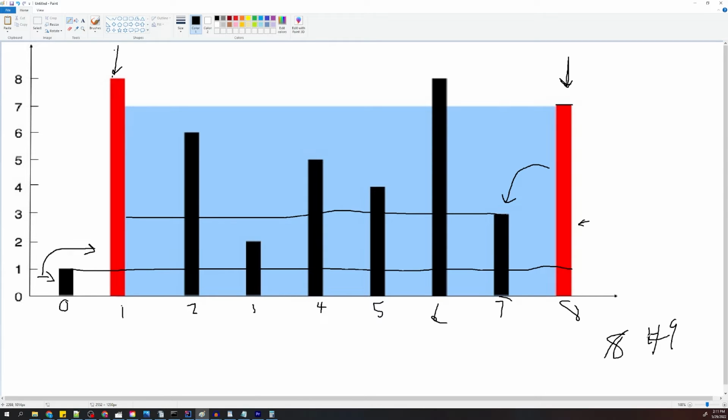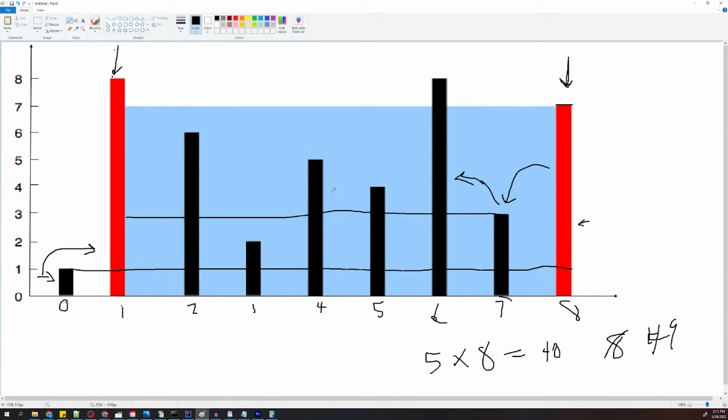Well, 18 is not greater than 49, so we're going to move over. This is still the smallest one between the two, so we move to this one. This one we have a height of 8. So 6 minus 1 gives us 5, and 5 times 8 gives us 40.